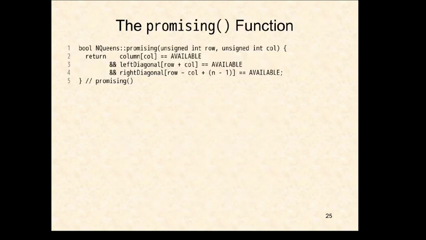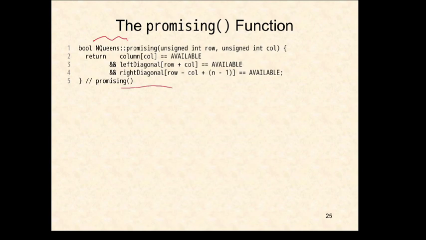Okay, so here's the promising function. The promising function says, hey, I'm going to give you a row and column. Wait a minute, where's everything else? We have a class. So in the nQueens class, things like column and left and right diagonal are all member variables.